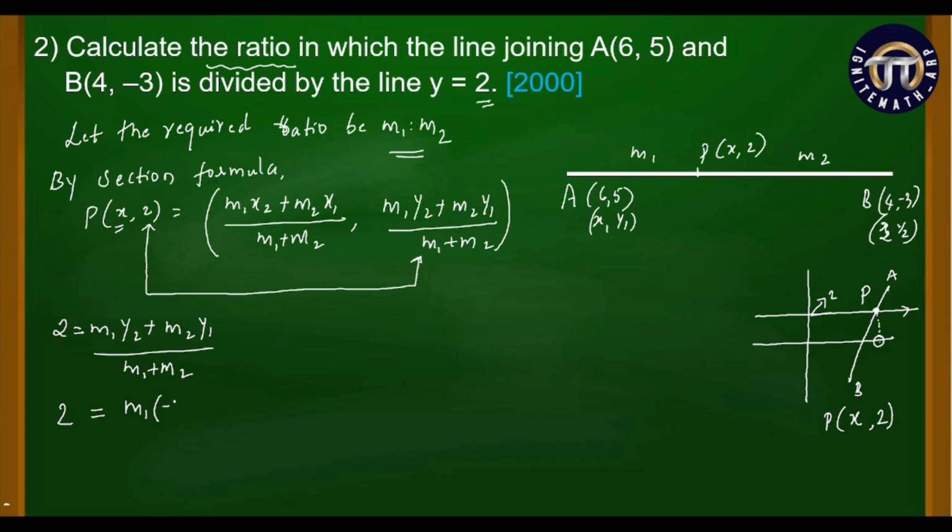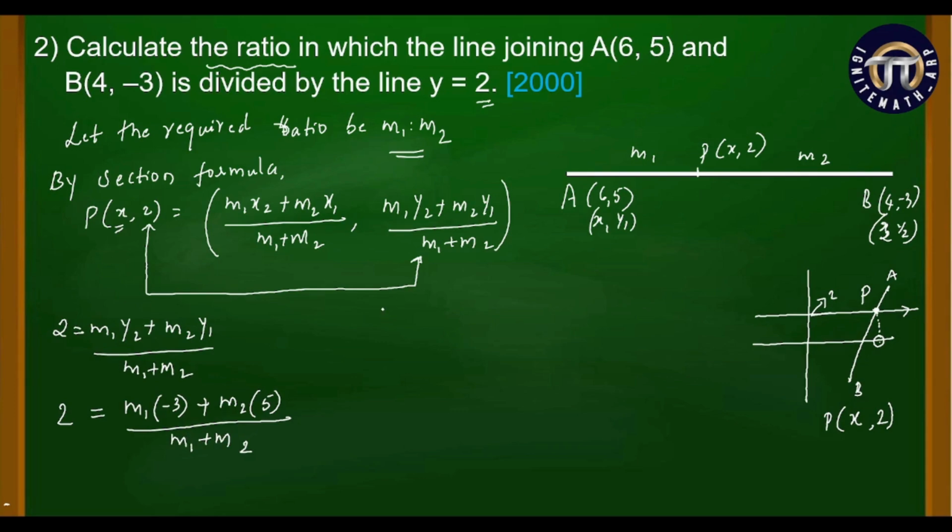Minus 3. m1 y2 plus m2 y1. m2 is also not known to you. y1 is 5, divided by m1 plus m2, which are to be found out. I just keep them as they are. Here it is not necessary to write the bracket because I'm not writing the x coordinate and y coordinate together.